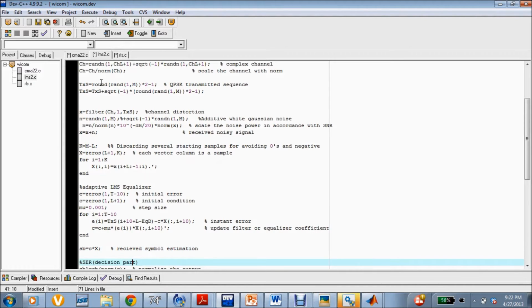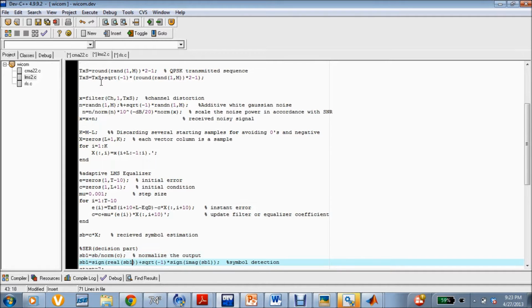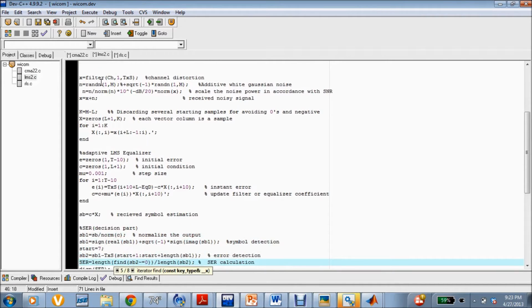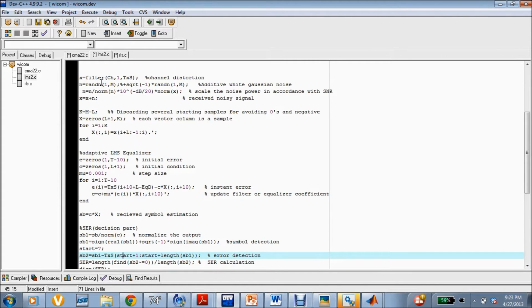And I'm also calculating the symbol error rate, which represents the error in the symbols compared to the total length of the symbols. So I've taken the symbol and I have calculated the error for the symbol using this equation by calculating the difference between the original and the calculated symbol and the transmitted sequence.